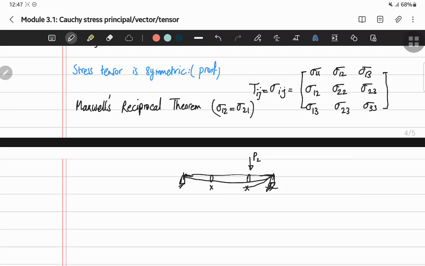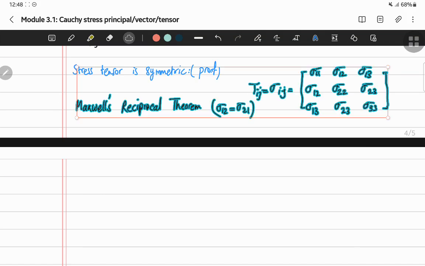So when you apply P2, it becomes, for example, here and here, then you superpose, or you sum the strain energy of these 2 points, and finally you concluded that these two components are equal, or these coefficients are equal. But here we're not going to use basically this Maxwell's reciprocal theorem.